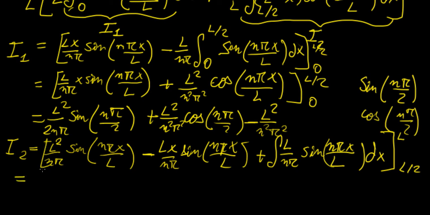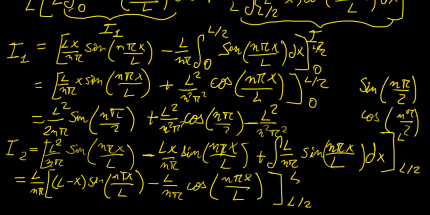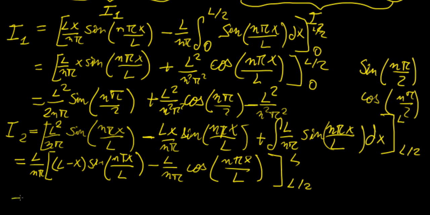So this is going to be equal to L squared over, it's just going to be L. Going to factorize the L over n pi, and that's going to leave us with L minus x sine of n pi x over L minus L over n pi cosine n pi x over L, and this is going to be from L on 2 to L, and hopefully in the end, after you evaluate this, you will reach an expression like this.